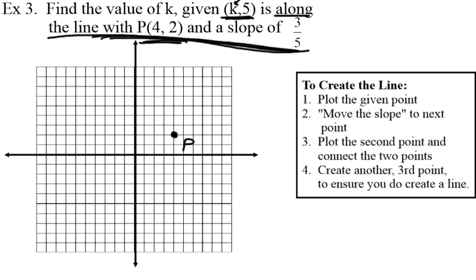And now I want to move a slope of 3 over 5. So 3 over 5 would be 3 up, 5 to the right. Or it would be 3 down, 5 to the left. There's my line. I can connect that, and there you go. But the question is, do I now have a point at K, 5?